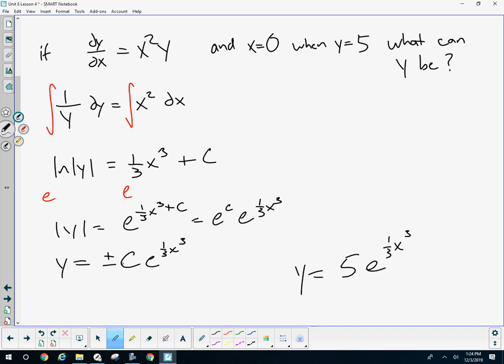It is very advantageous to have c here when I plug in 0 and I end up with e to the 0. Remember, ignore the plus or minus. I find C is positive 5. I don't have to worry about positive or negative 5. It's just positive 5. That is how I get my answer.